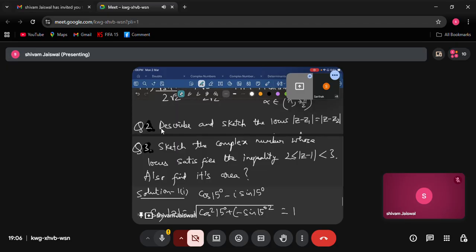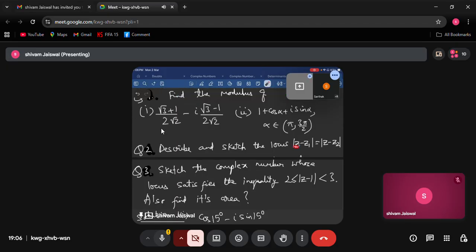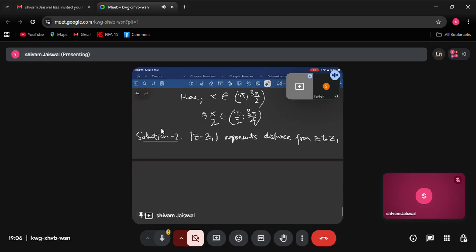So see, distance of a variable point from a fixed point z1 is equal to distance of that variable point from z2. So I have a question. What is the locus of a point which is equidistant from z1 and z2?